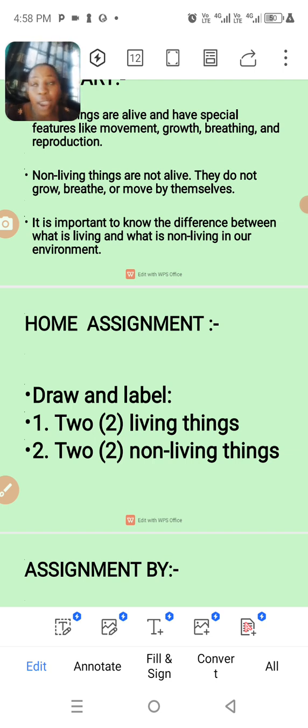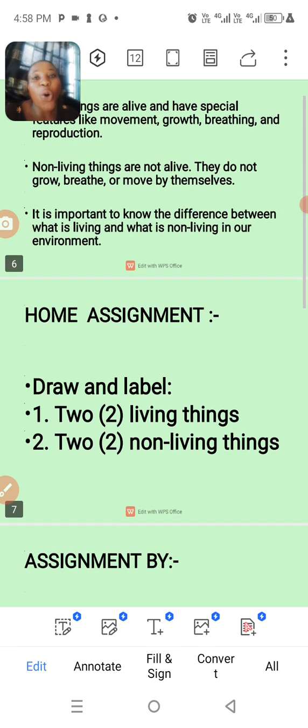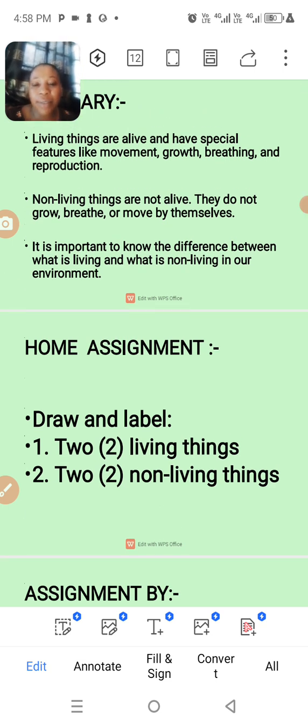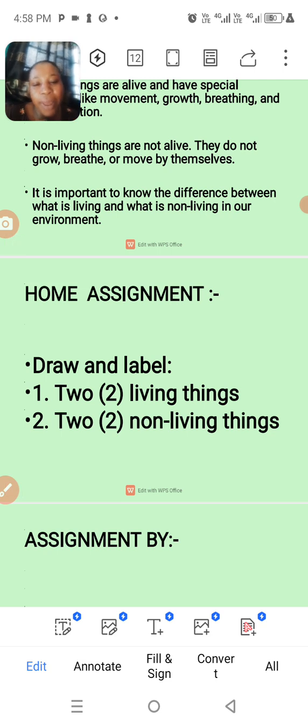You can draw a goat, yourself, your brother, your sister, or a dog and label it for me. You can also draw any other living thing, you can draw a plant. Number two, you are drawing two non-living things. You draw them and you label them.